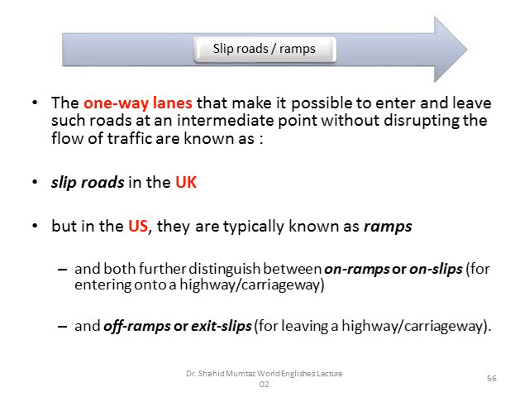If you have seen a motorway or the ring road, you see these single lane roads, entrance and exit lanes. These entrance lanes on the motorway or ring road, and exit lanes, are called slip roads in the UK, and in the US they are called ramps.